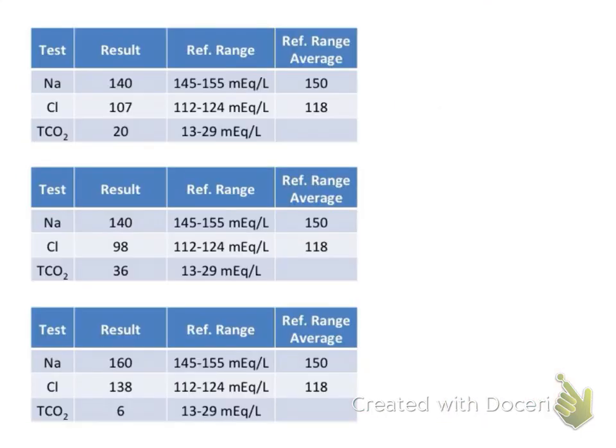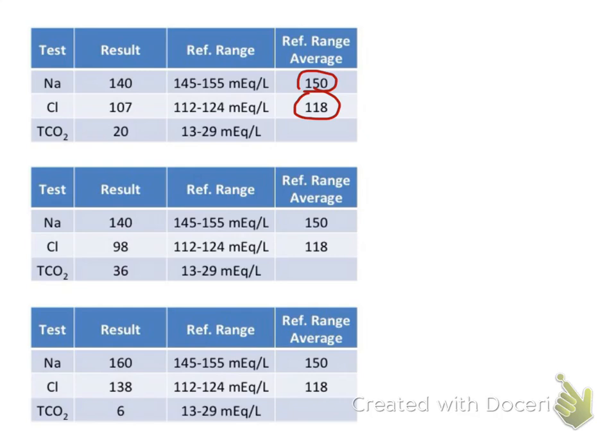These are three examples of how to determine if chloride is following sodium. First, you calculate the average of each reference interval. So 150 is the average for the sodium reference interval, and 118 is the average for the chloride reference interval. Then you determine how far the actual result is from its average.